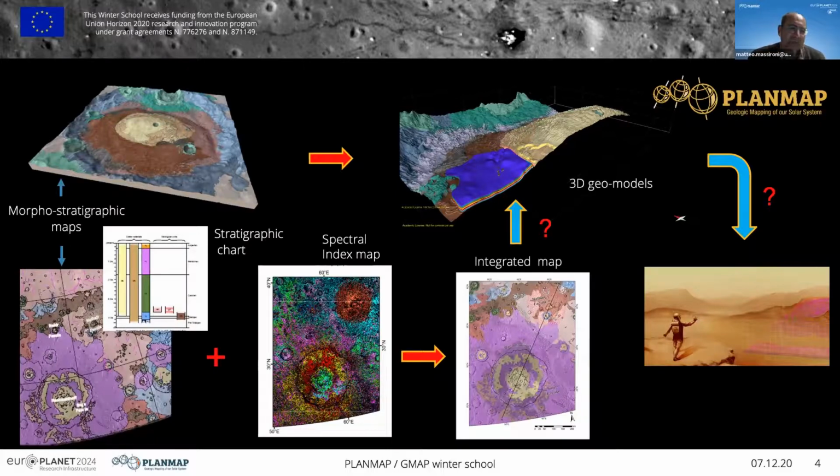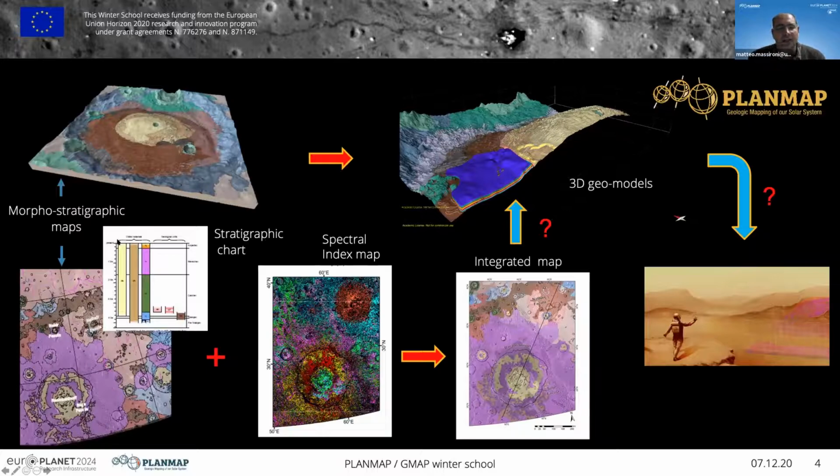The second way is to start with a traditional morphostratigraphic map derived by photogeological interpretation, and use absolute model ages to have a well-controlled stratigraphic chart, putting numbers on the relative ages.